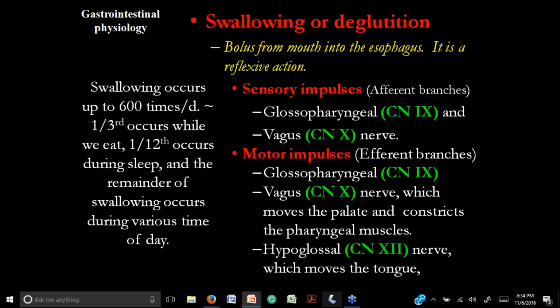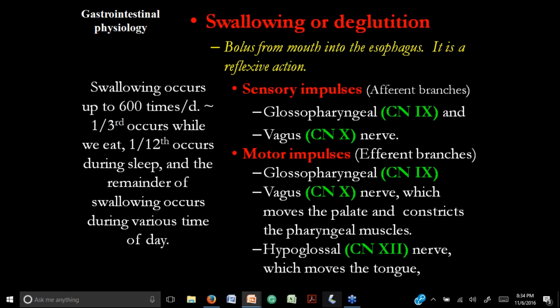We have the sensory impulses, which are carried by the glossopharyngeal and the vagus nerve. We have the motor impulses through the efferent branches that produce the action of deglutition itself: the glossopharyngeal, the vagus nerve, and the hypoglossal nerve. So afferent we have 9 and 10, and efferent we have 9, 10, and 12.